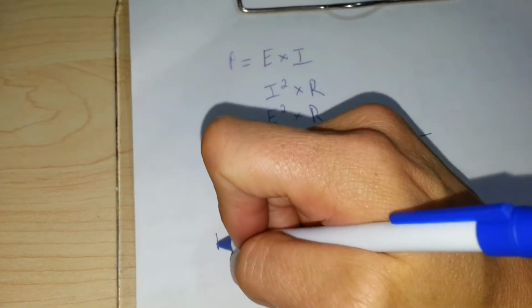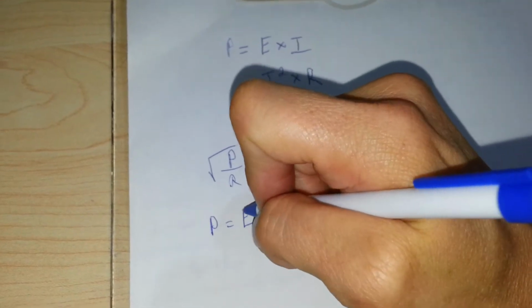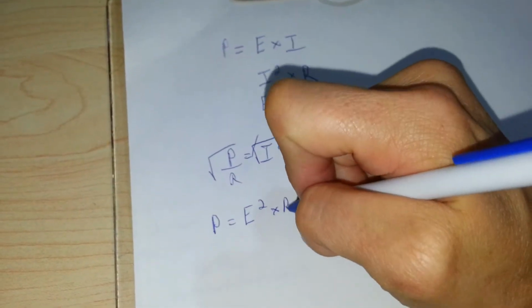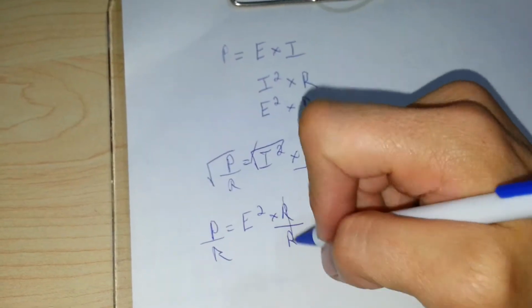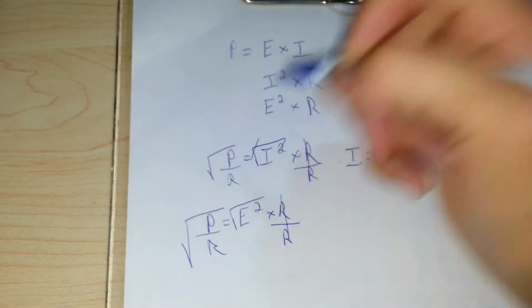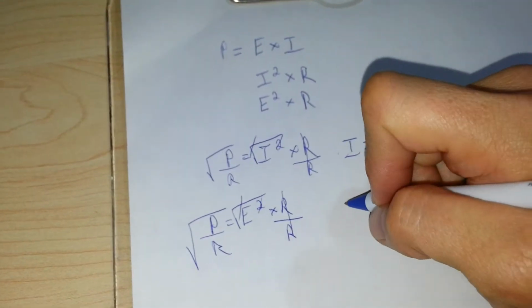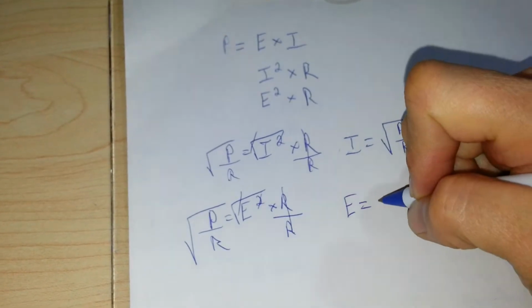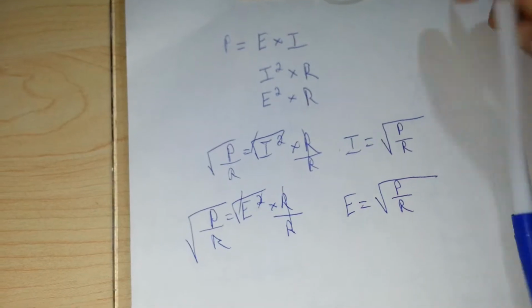So we've got P equals E squared times R. You're going to divide by R, those cancel out. Square root of everything, so these cancel out, and you're going to be left with E equals the square root of P over R.